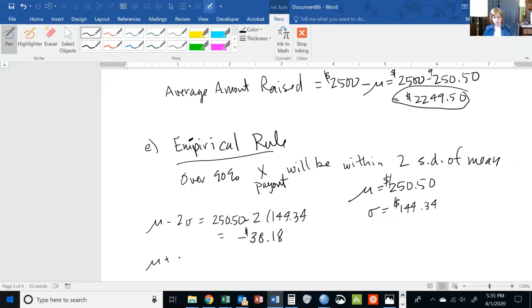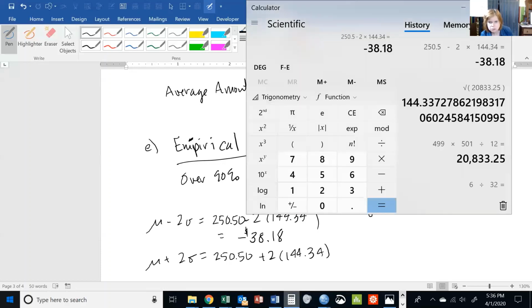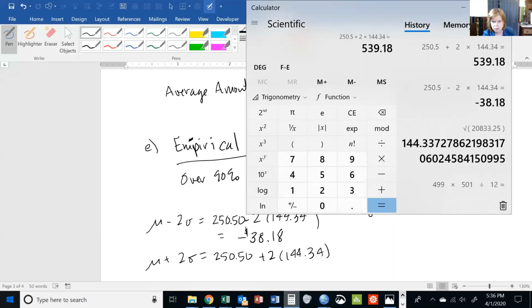If I take mu plus 2 sigma, $250.50 plus 2 times 144.34, that gives me $530.18.